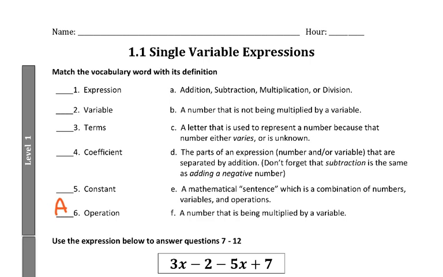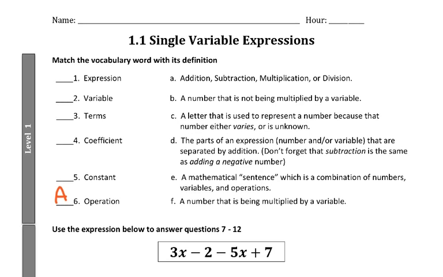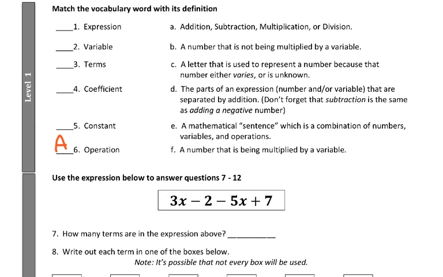Part B says, a number that is not being multiplied by a variable. Okay, I'm going to scroll the page up just a little bit here, because I'm going to refer to this expression down here that's going to come up in a minute, but I want to refer to that expression as I'm explaining these definitions. So what that's basically saying is we need to understand what these things right here are called.